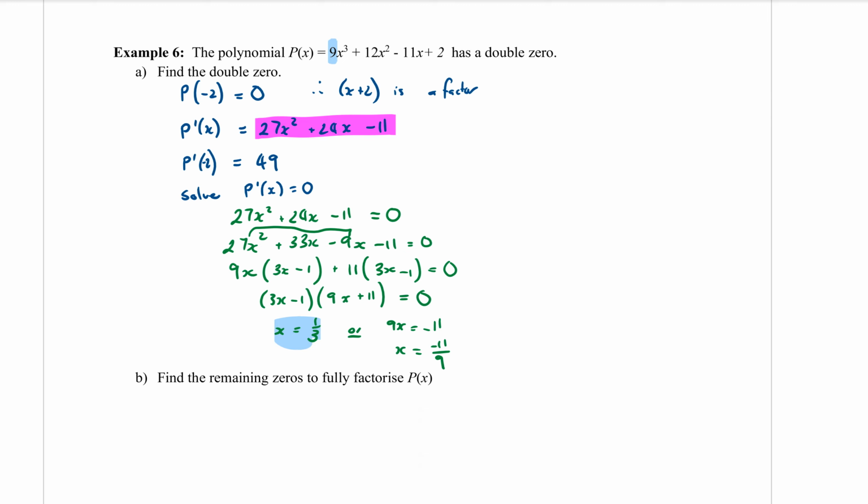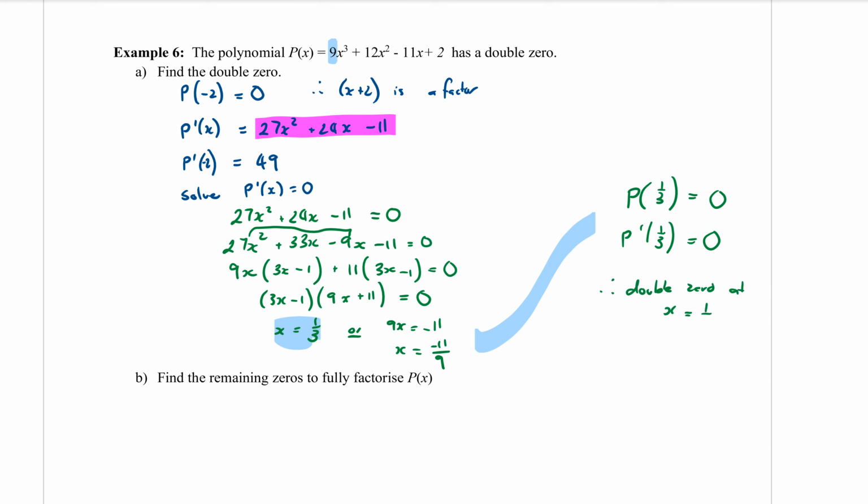We would check by subbing them in. So p of 1/3, if I sub that into my polynomial, you do indeed get 0. If you sub p of 1/3 into the derivative, you also get 0. And therefore we've shown that there is a double 0 at x equals 1/3.